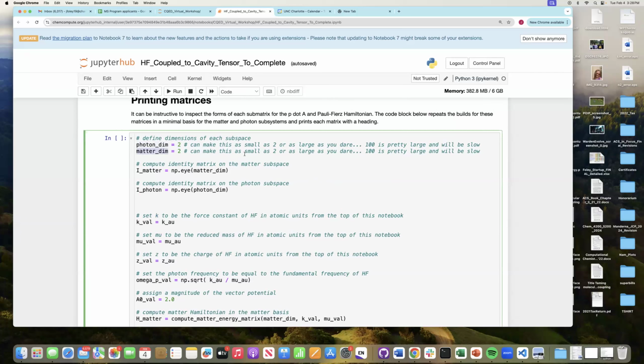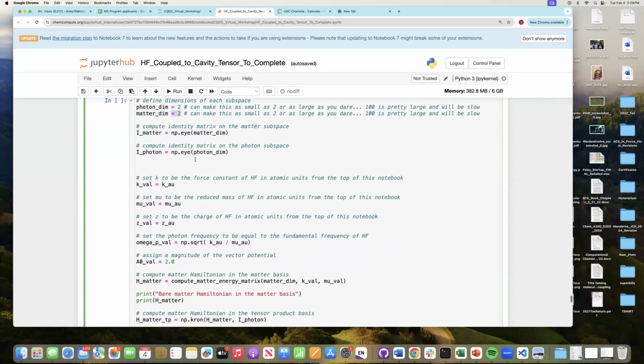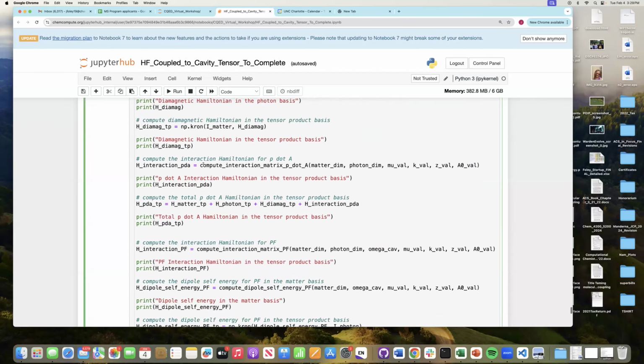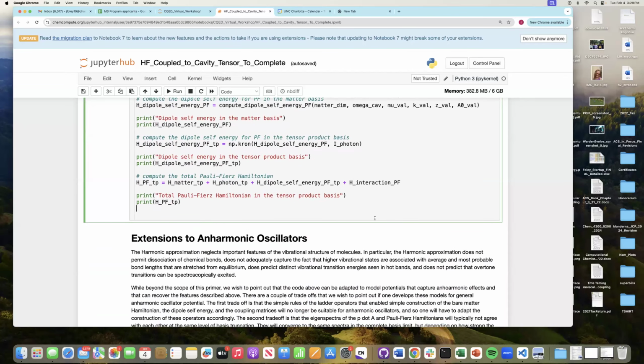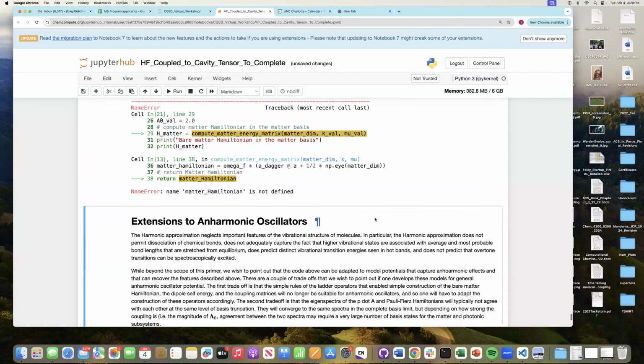And so now the overall composite subsystem is going to have a dimension that goes as the product of these numbers of states. So if we've got 2 photonic states and 2 matter states, then I'm going to have overall 4 composite states, and then my Hamiltonians will be 4 by 4. So let's just start there. Let's actually just run this cell and see what comes out.